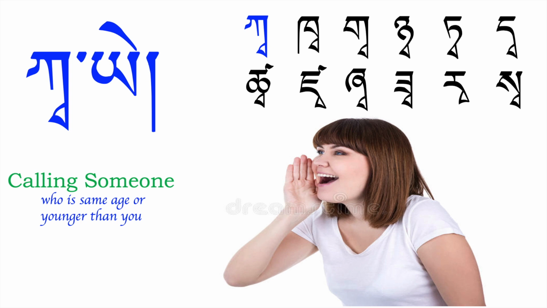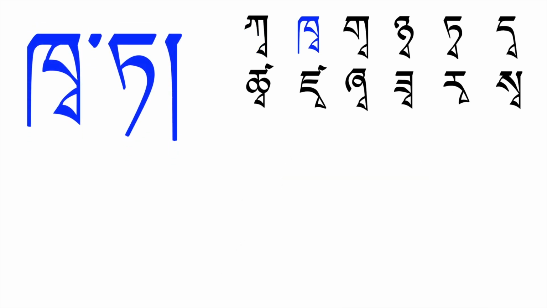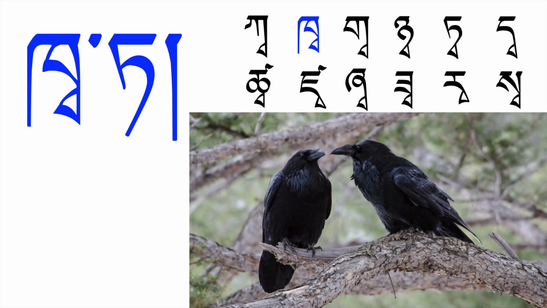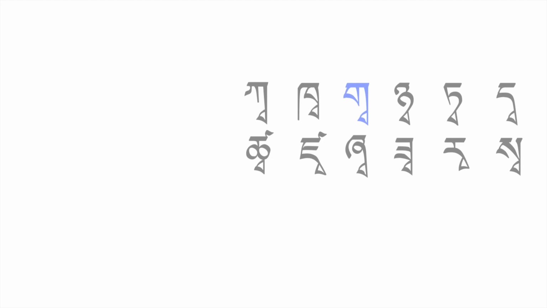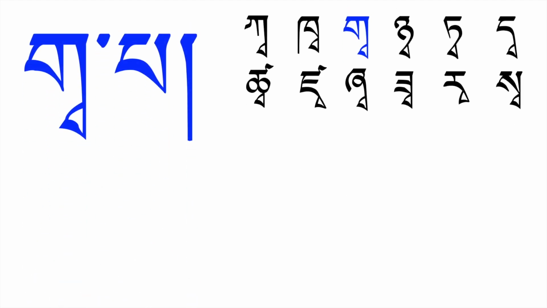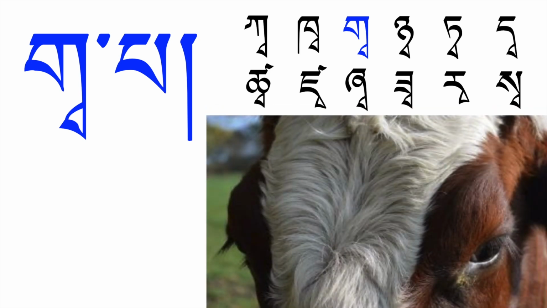Next, Ka Wassur ka, Ta: Kata. Kata means crow. Next one is ka Wassur ka pa: Kaba. Kaba means the white fur on the forehead, called kaba.